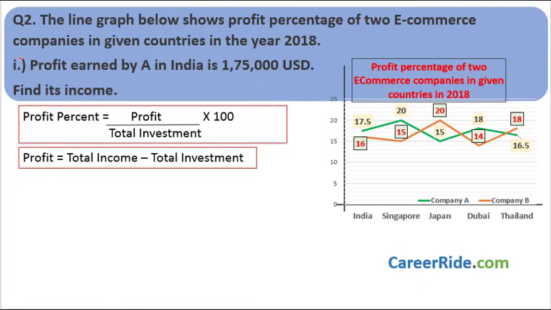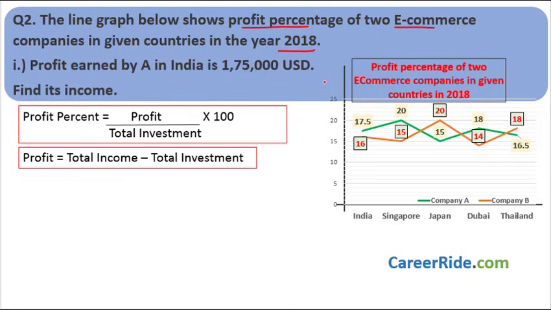Okay, now coming to the second variety of line graphs that you will find from this topic, and the questions based on them. The question says the line graph given below shows profit percentage of two e-commerce companies in the given countries in the year 2018. Now let us look at the graph. Here we see that this graph is of the type where two or more lines are shown.